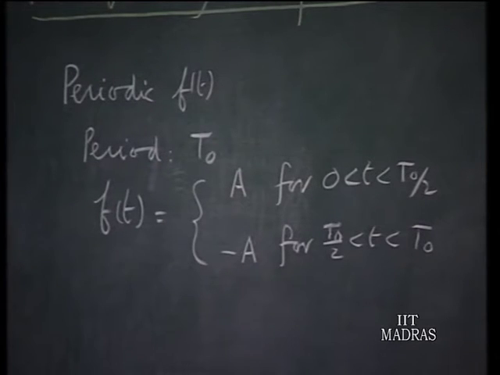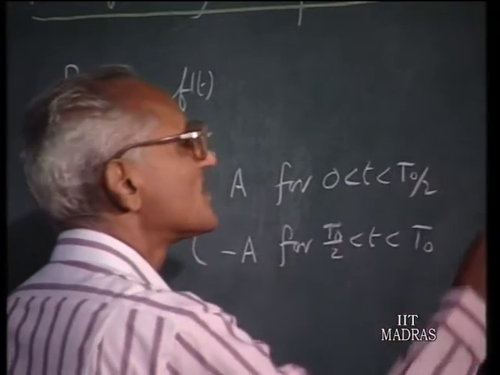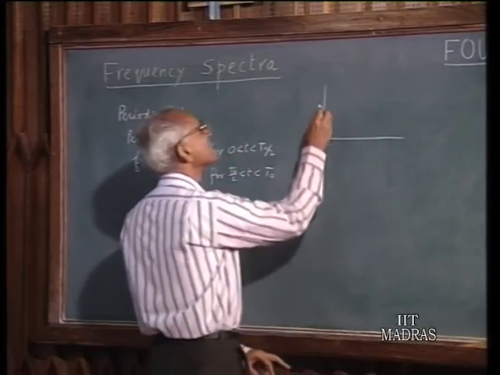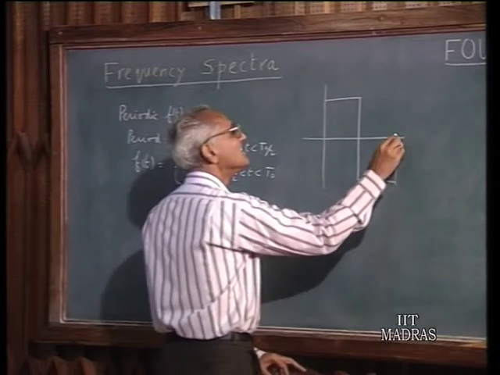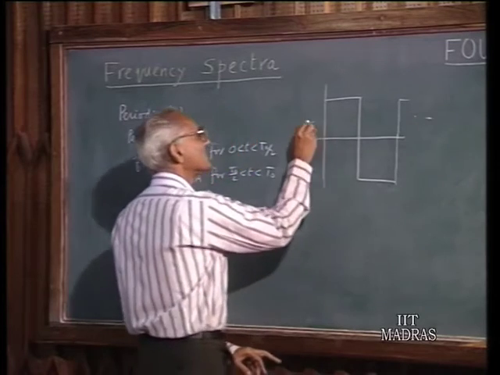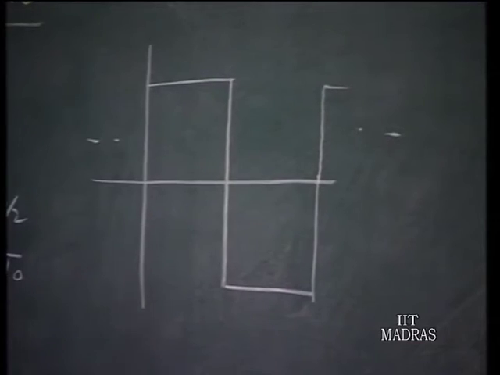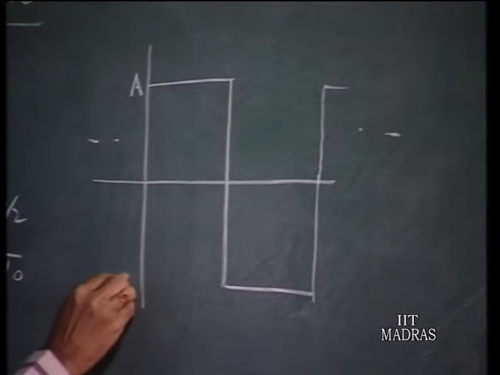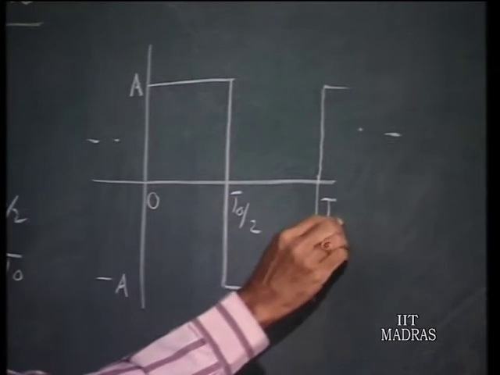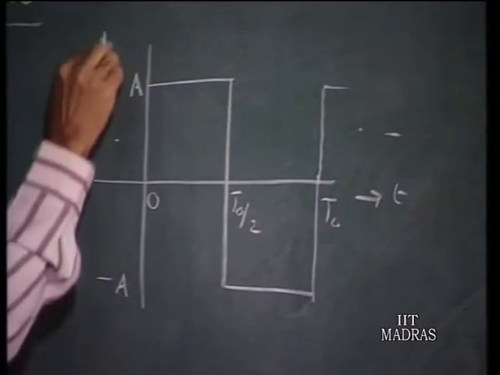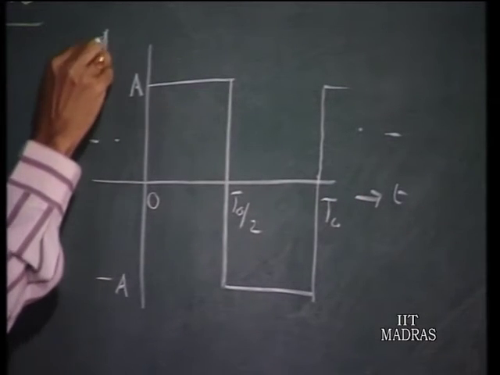On the other hand, if I picture this information in the form of a waveform, then the whole situation comes alive. So if you plot this for a whole period, you have this, and it repeats itself endlessly in both directions. This is A, this is minus A, 0, T0 upon 2, T0, and this is t.